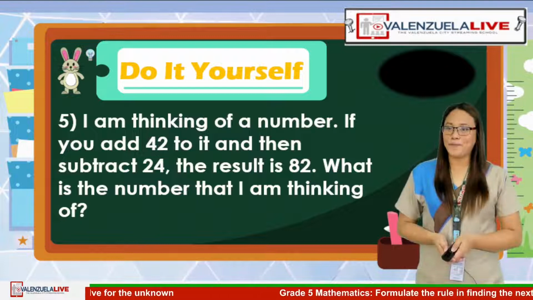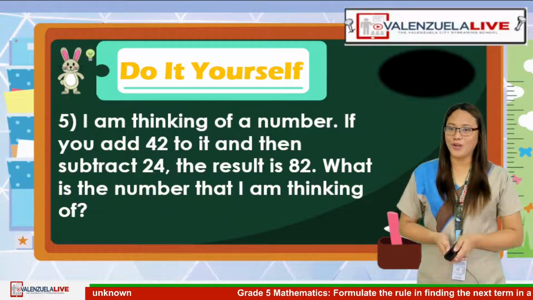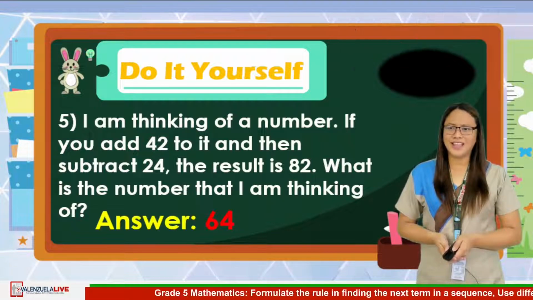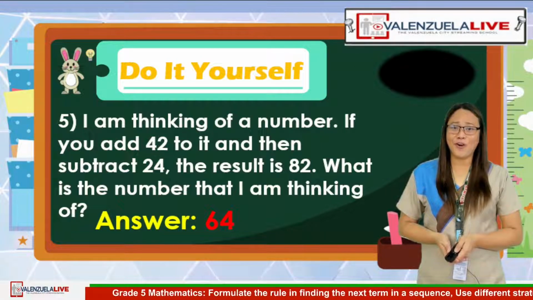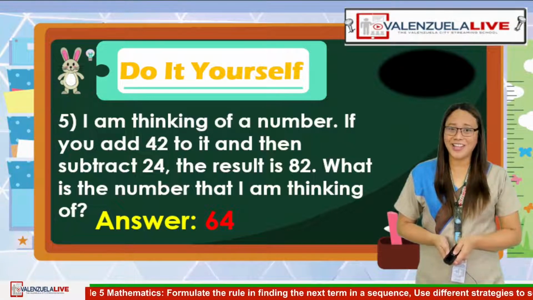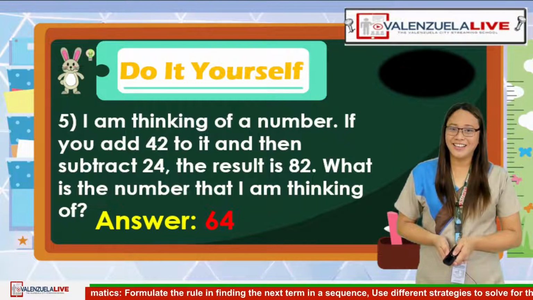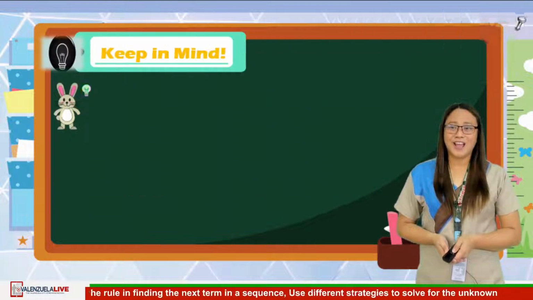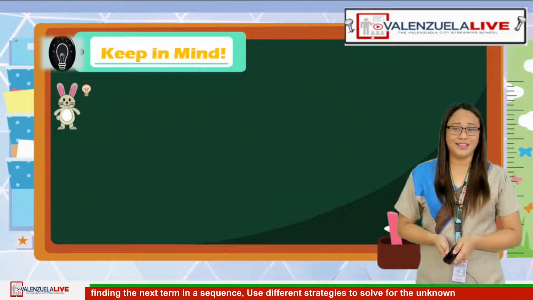All right, time is up. So what number am I thinking of? Excellent! It's 64. All right, did you get the correct answer? Very good, grade 5 math kids. Now, I want you to keep it in mind.